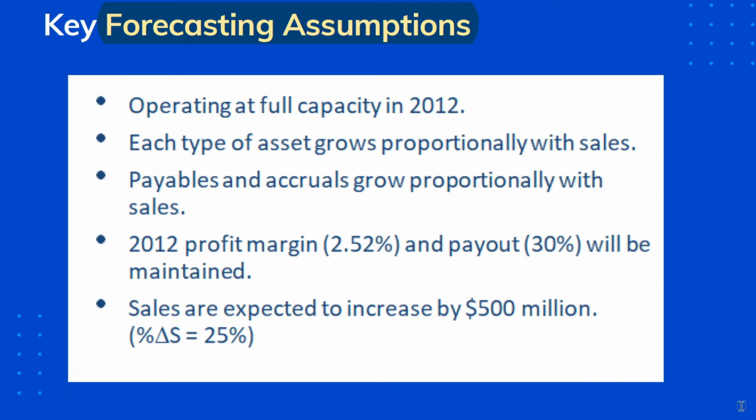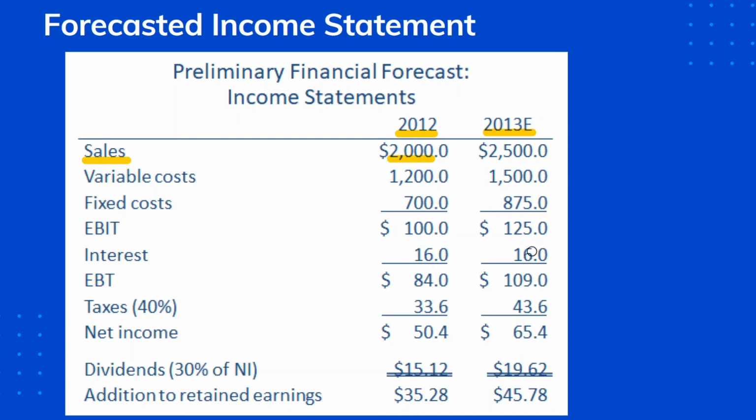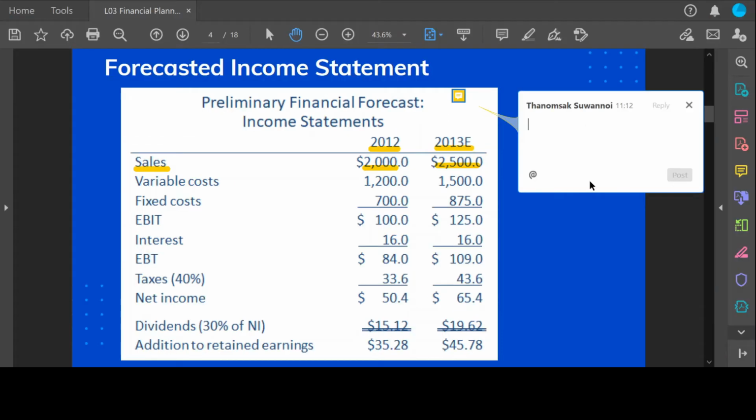Our forecasting assumptions suggest that sales are expected to increase by $500 million, representing a sales growth of 25%. As a result, we will start with sales of $2,500. That represents a 25% increase in sales.